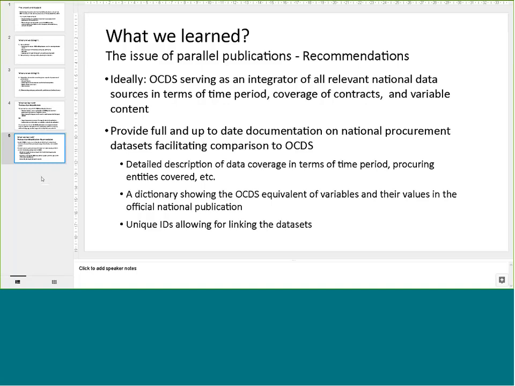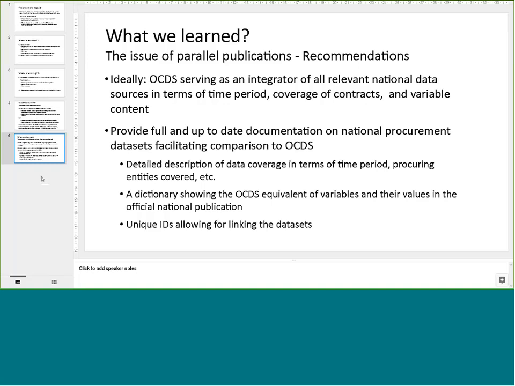But adding additional information to OCDS from official publications could be more challenging because the OCDS structure doesn't offer a place for all country-specific information, which is published in official publications. But perhaps this problem could be overcome by working on OCDS extensions, which allow for adding country-specific information to the core OCDS structure. This could be a solution.